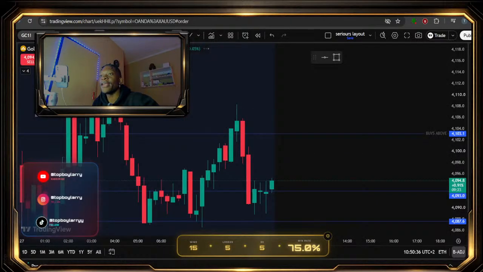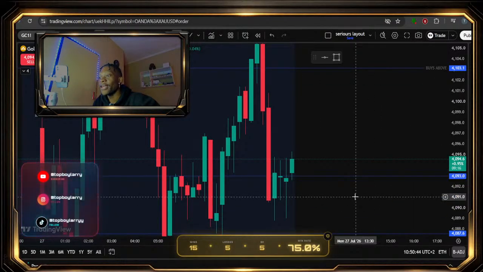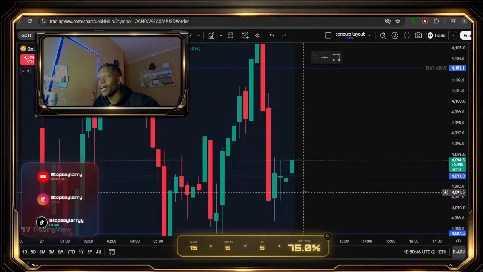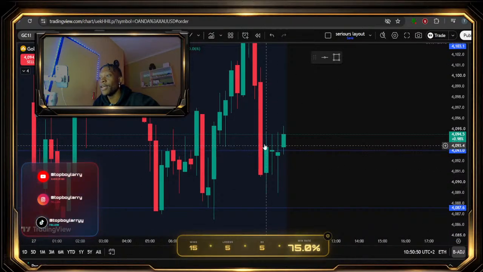All right, guys, let's look at the 15-minute time frame here. We did get another closure back below here, right? Interesting how price action is playing out. Price is not giving us anything interesting, right? But we are probably going to get another closure back inside here.